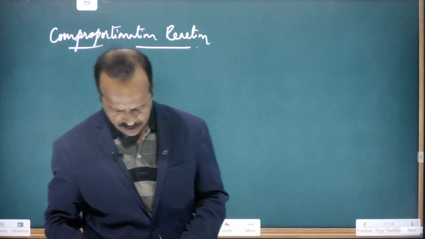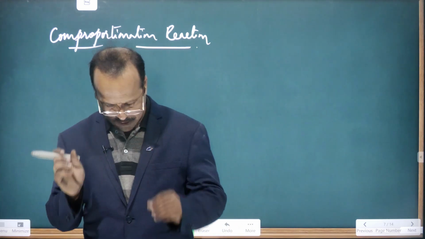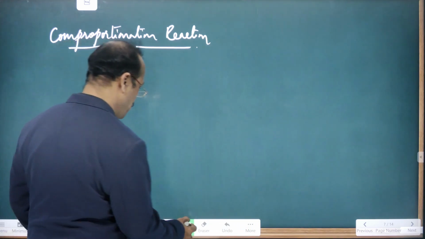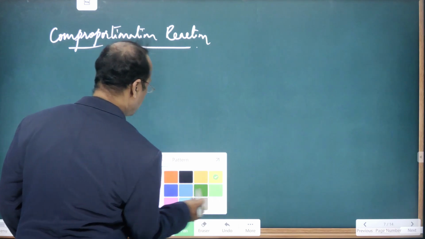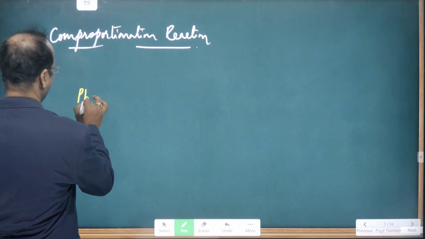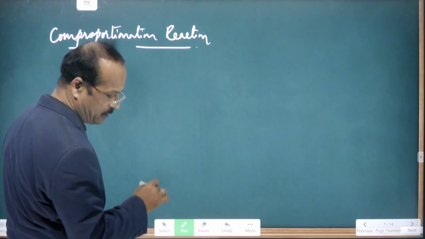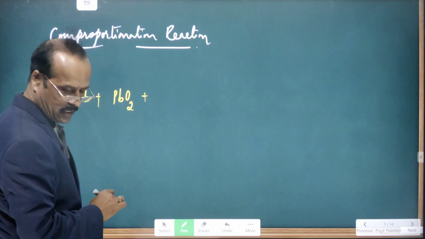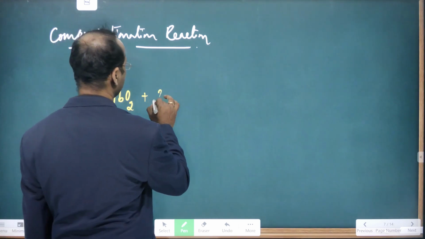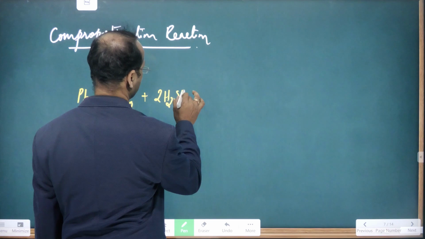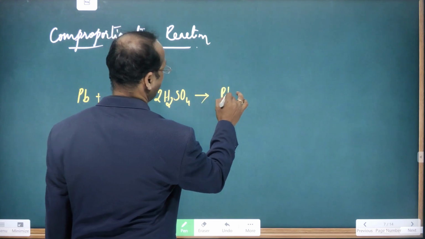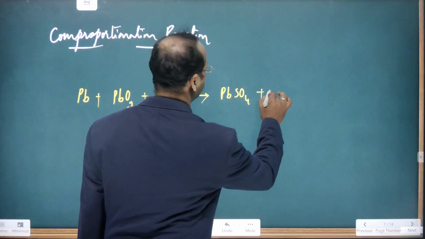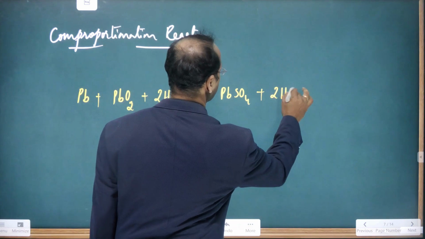For the example, what is given in your textbook is what I am explaining: Pb plus lead oxide PbO2 plus sulfuric acid H2SO4, giving lead sulfate PbSO4 plus 2H2O.